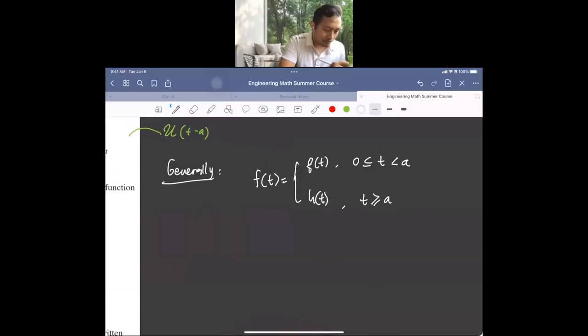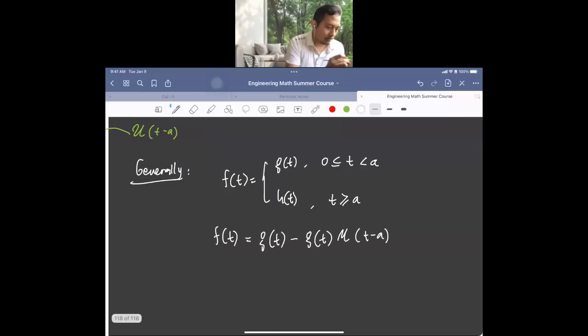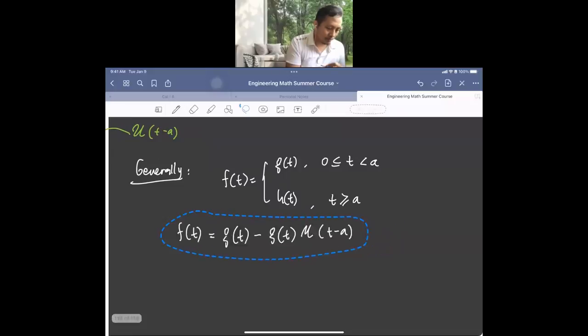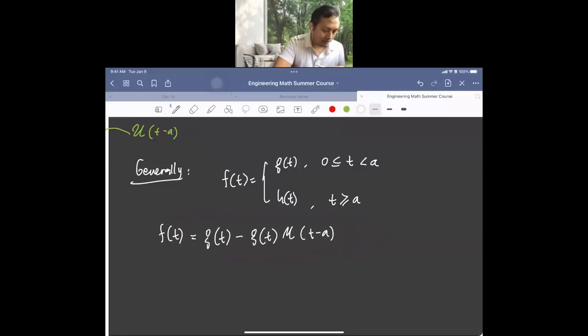When we write this, this is the same as g of t minus g of t Heaviside t minus a, and then plus h of t Heaviside t minus a.